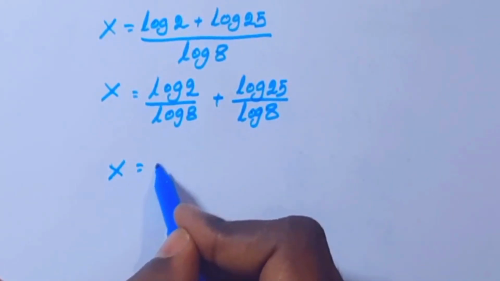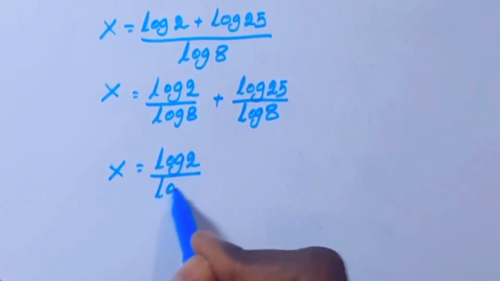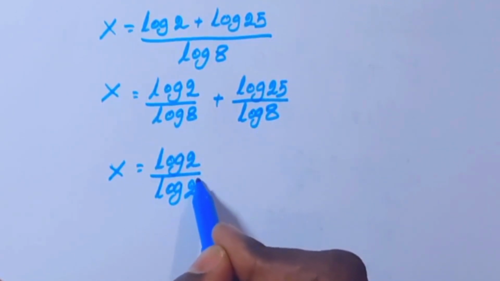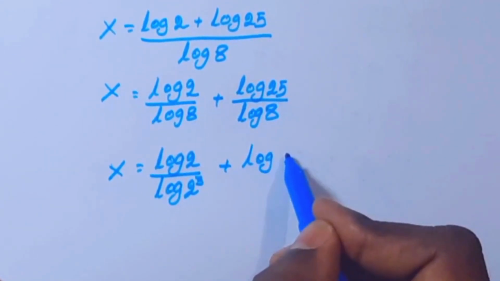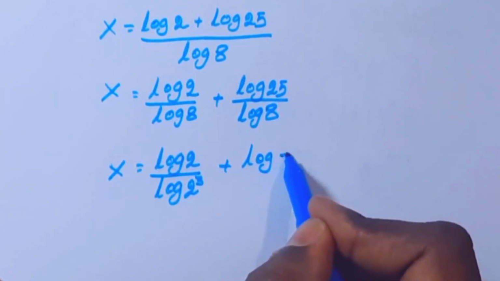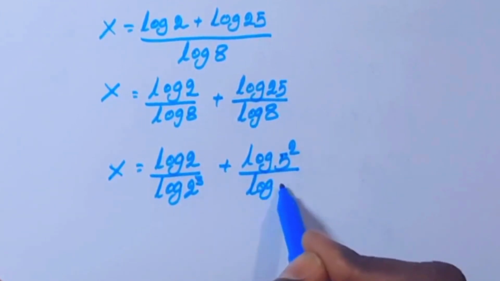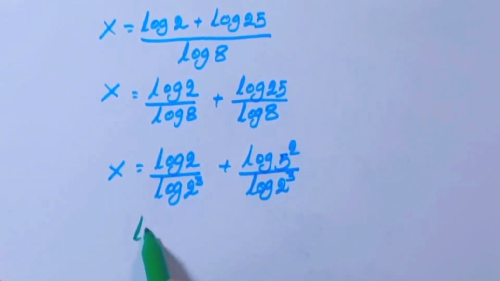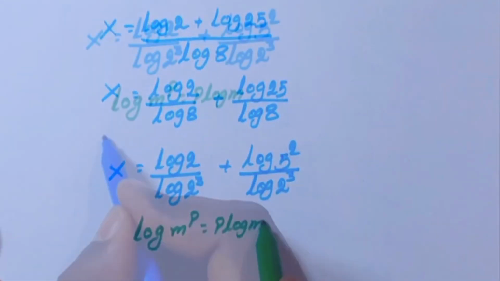x equal to log 2 by log 8, and this 8 can be written as 2 power 3, plus log 25, which can be written as 5 power 2, by log 2 power 3. Log m power p equal to p log m.